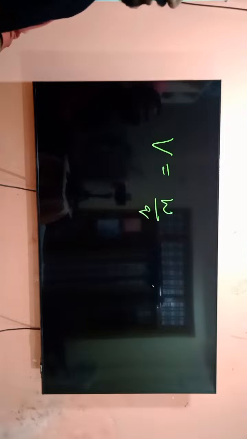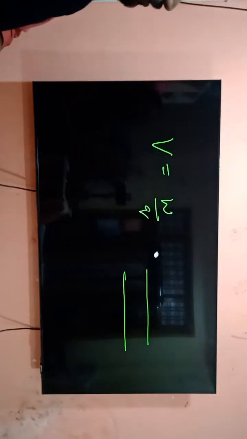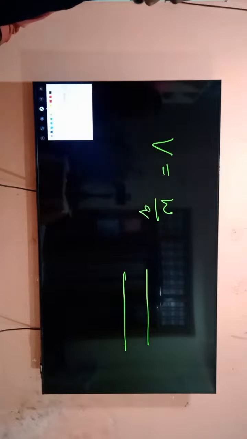Simply we can say potential difference is nothing but difference in electrical pressure. V equal to W by Q. It is the work done to bring unit positive charge from one point to another point.